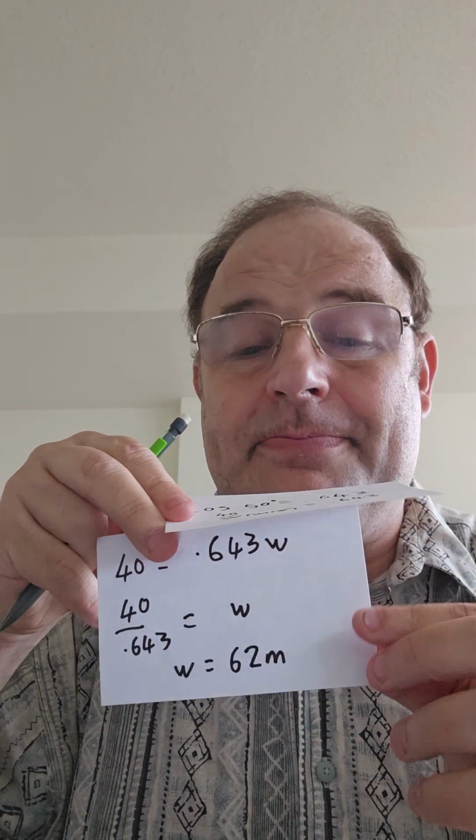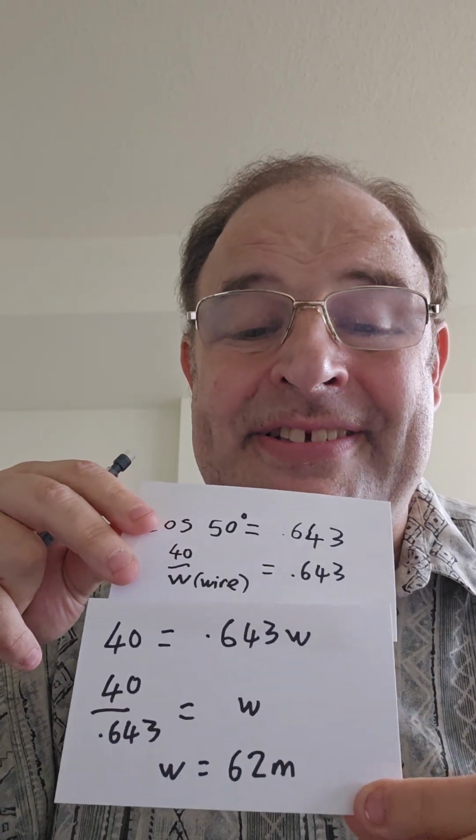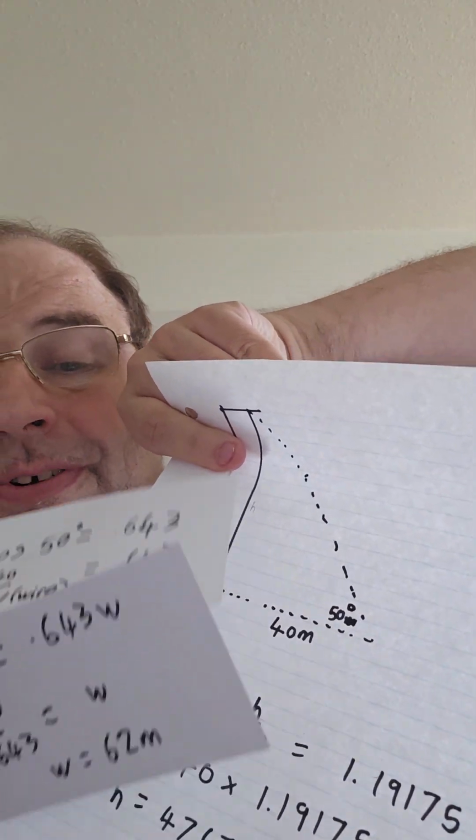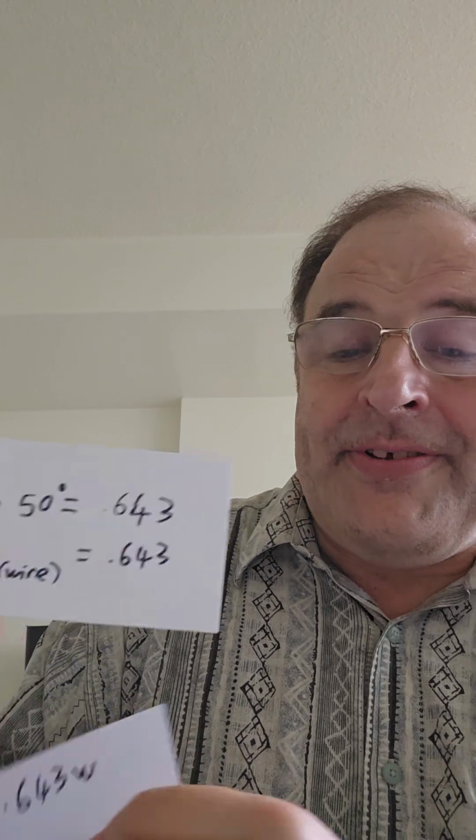W equals 62 meters, to the nearest digit. We'll make it 63 to be safe. So I just did cos. I said cos is adjacent over hypotenuse, 40 over W, and the calculator says it's 0.643. So 0.643 is 40 over W, and I did algebra, and we solved for the length needed for the wire.